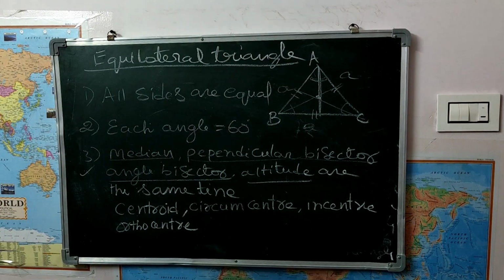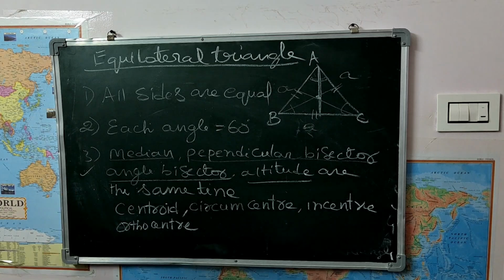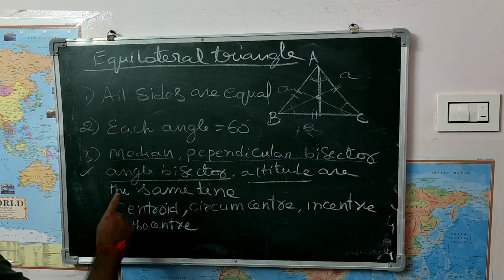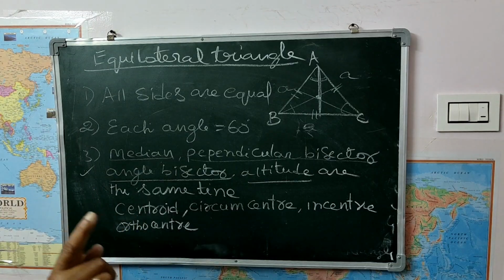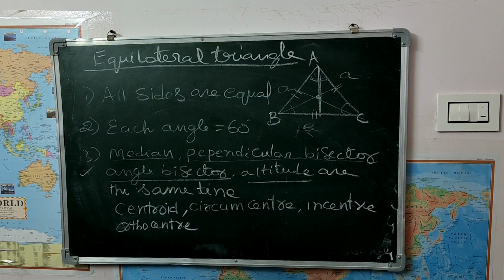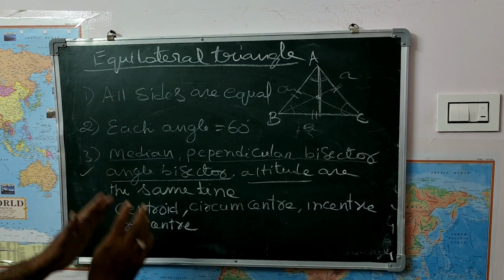This is what you have to understand and remember for a very long time, because this point proves very crucial in doing some important problems. Okay, this is all about the equilateral triangle.